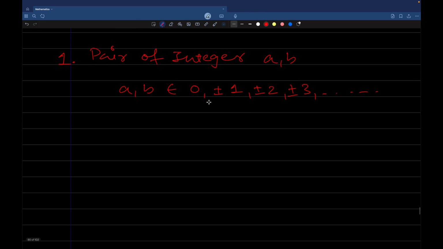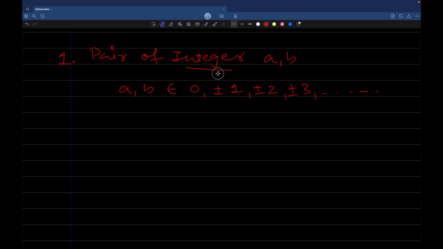That is, we have to choose a and b from integers and we have to find the sum for the given questions.